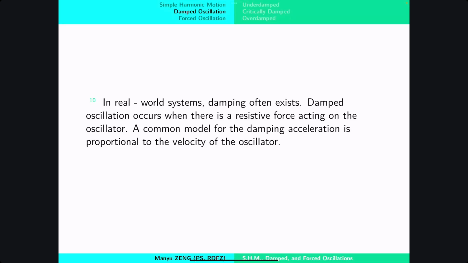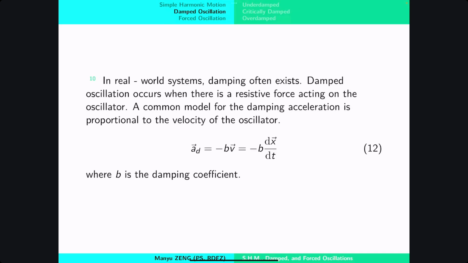So a common model for the damping is that the acceleration is proportional to the velocity of the oscillator. The acceleration due to the drag is proportional to and in the opposite direction of the velocity v.